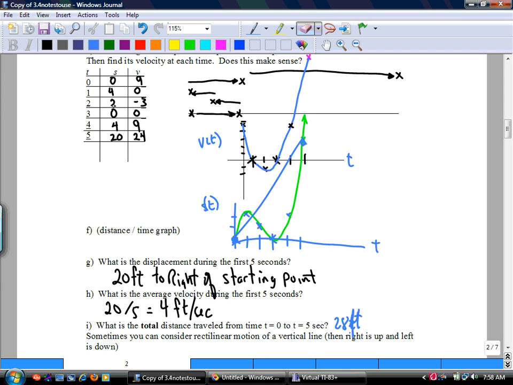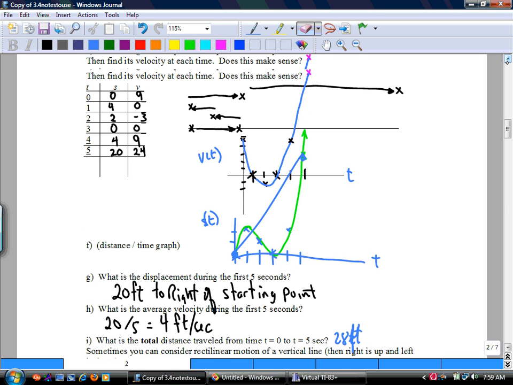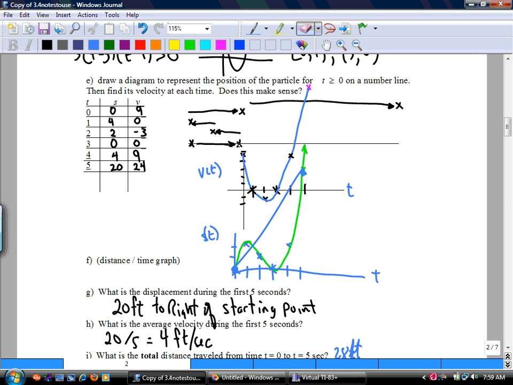If you go 4 plus 2, you'd get 30 if you did that. So I went from here to here is 4, plus 2 more is 8, plus 4 more is 12, and then I'm at 4 units, and I go to 20 units, so I go 16 more.